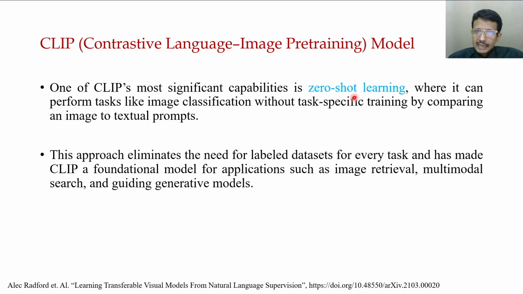Now here this can be done. It can perform tasks like image classification without task-specific training. That's what we say: there is no training image at training time, by comparing the image to textual prompts. That is one of its major advantages. This approach eliminates the need for a labeled dataset for every task and made CLIP a foundational model for applications such as image retrieval, multimodal search, and generative models. So CLIP is a very important model.